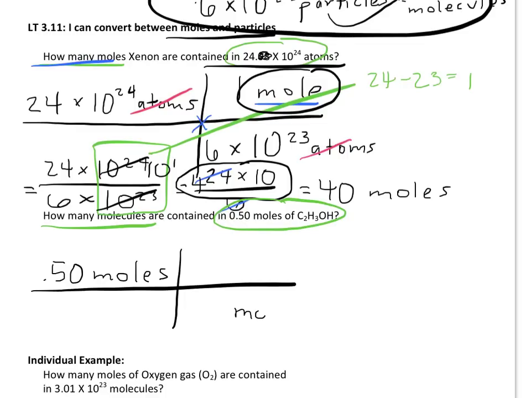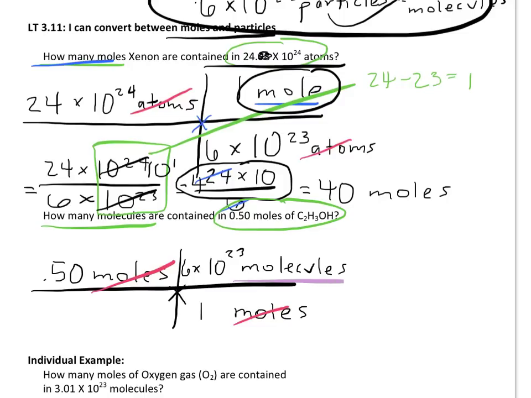And we know that in order to have our units cancel, we have to have moles on the bottom, and thus we will have molecules on top. And again, we said that 1 mole is equal to 6 times 10 to the 23rd molecules. Again, our units here are going to cancel, and we are just left with our unit of molecules.